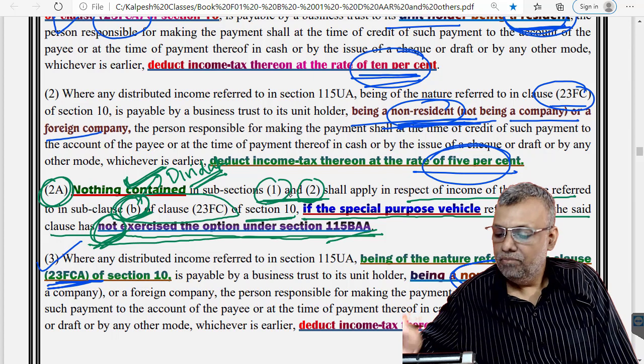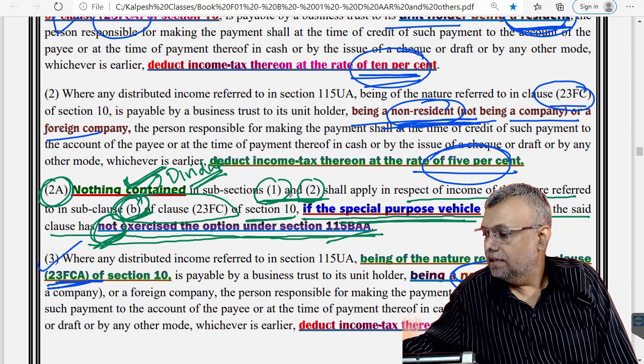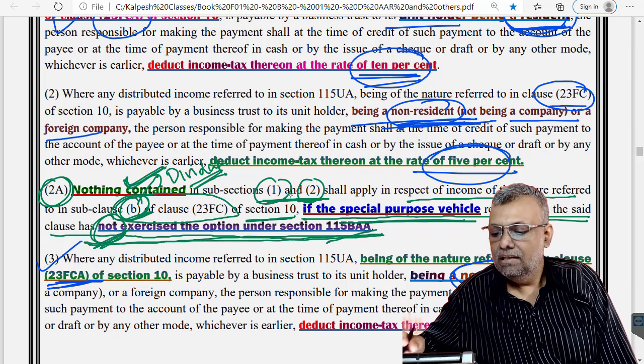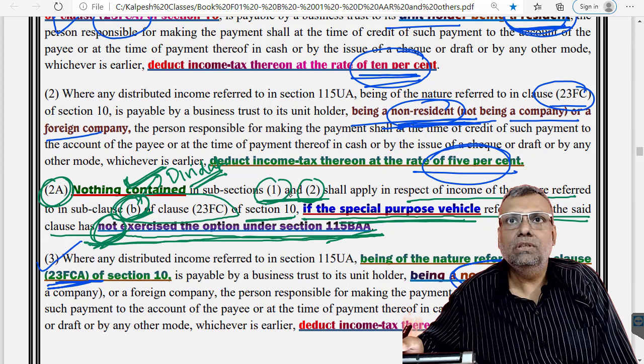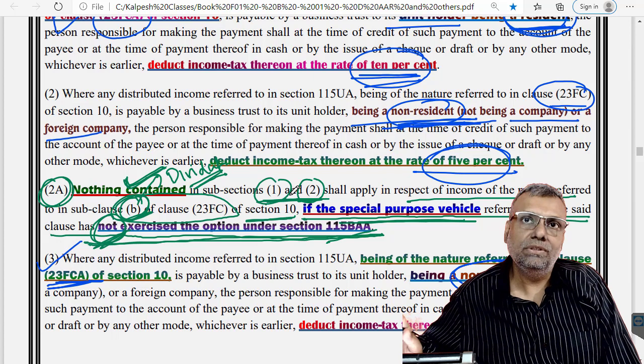Put it differently, if the special purpose vehicle referred to in this clause has not exercised the option, that means if it has exercised that particular option of 115 BAA, only then it will be taxable and only then it will be subjected to the TDS provisions.